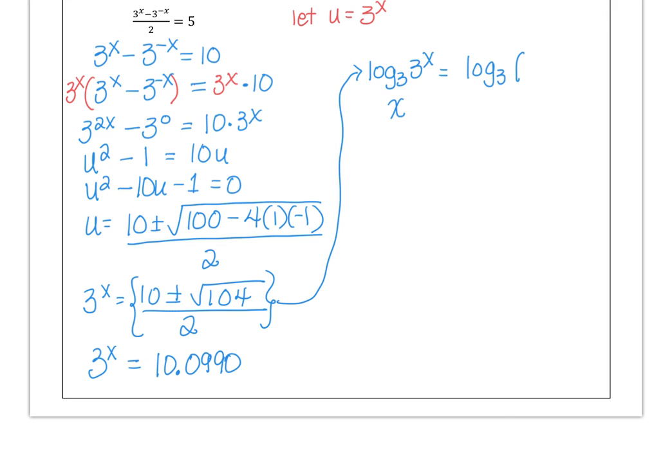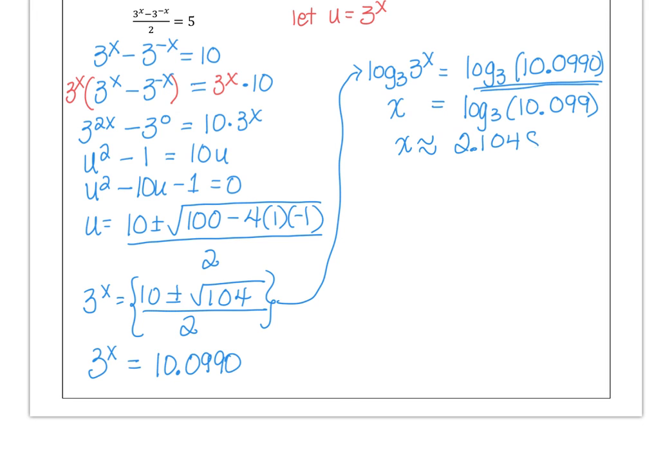So we got log base 3 of 10.0990. So x, this is the exact answer. That's the exact answer. Log base 3 of 10.099. And then our approximate answer is 2.10487. I can round that, 2.105 if you want. And then checking with the calculator just to finish up the question.